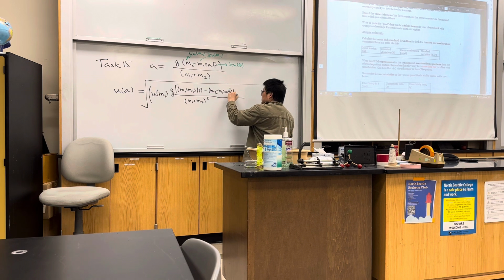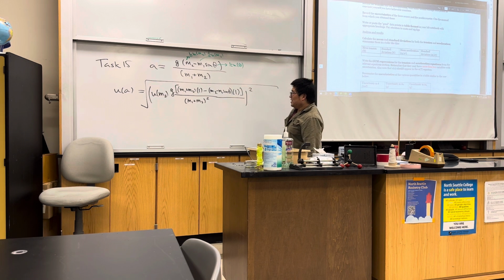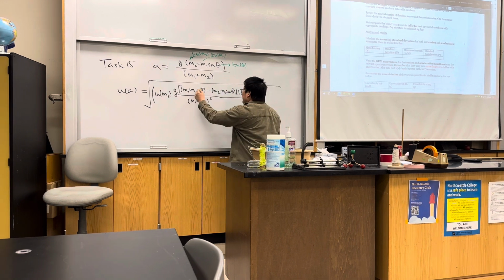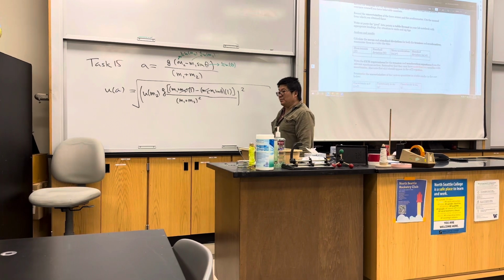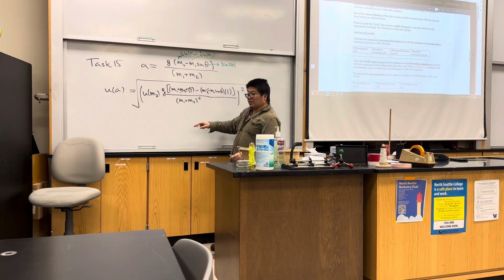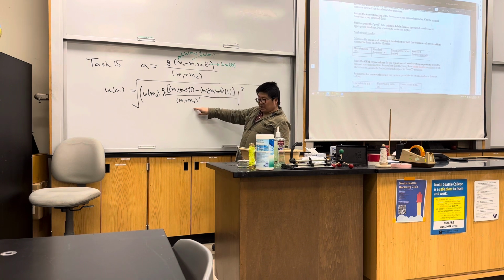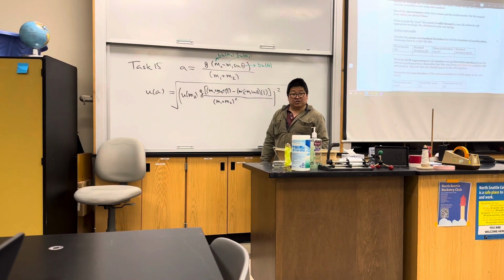It's kind of horrible, but the 1's go away, and the m2 cancels, so you can simplify it. The units still work out: mass squared on top, mass squared on the bottom, and I still have a g, so it's still acceleration.